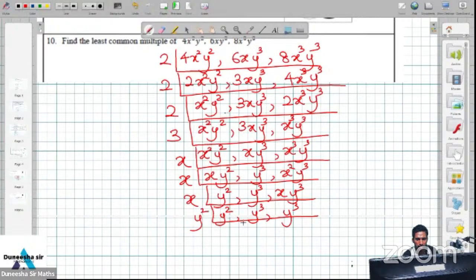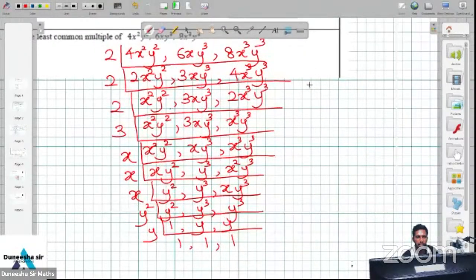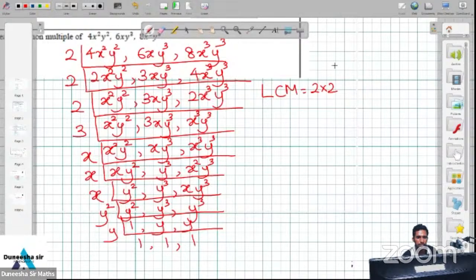First you can divide the y squared, 1 y y. Again we can divide by y, 1 1 1. What is the common multiple of these? LCM. LCM is equal to 2 multiplied by 2 multiplied by 2 multiplied by 3, x cubic y cubic. Then 4 multiplied by 8 is 24 x cubic y cubic. Okay.